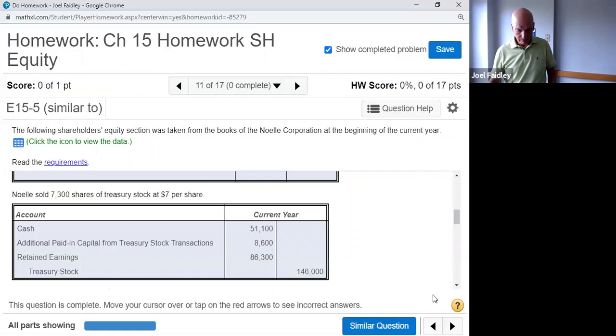And so that's a loss, right? You sold at $7, you paid $20, so you lost $13 per share. We can only take that additional paid-in capital down to 0, so that's 8,600. And so the difference is going to be retained earnings for 86,300. That's your plug number.